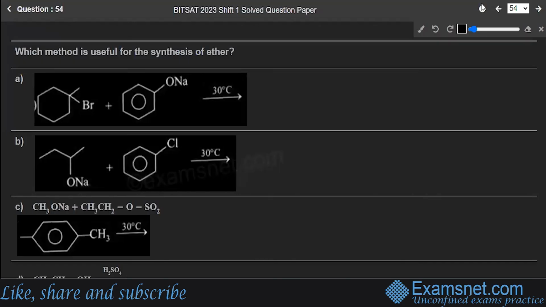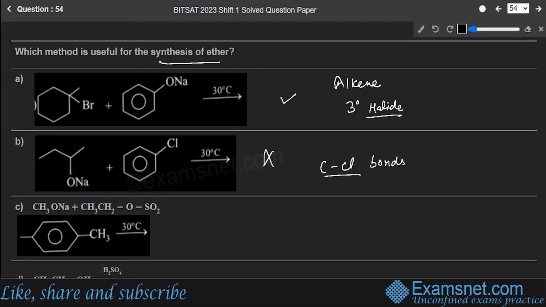If I look at the options, in the first option, an alkene will be produced as it is a tertiary halide and the strong base favors elimination. In the reaction B, it is not possible at room temperature, like at 30 degrees Celsius, due to the resonance of C-Cl bonds. They have the partial double bond character, which is very difficult to break.